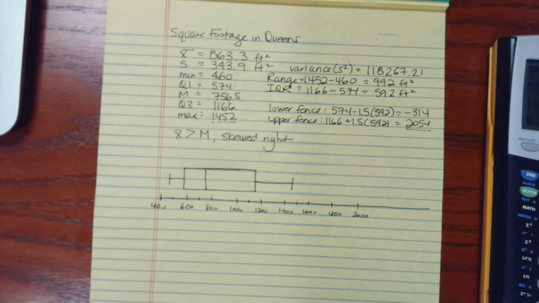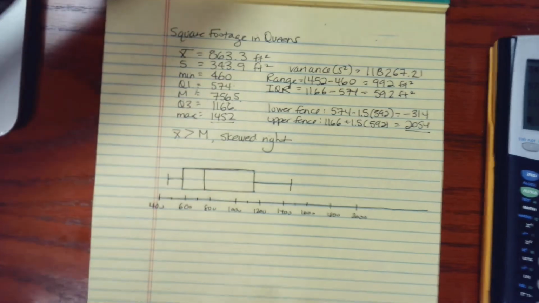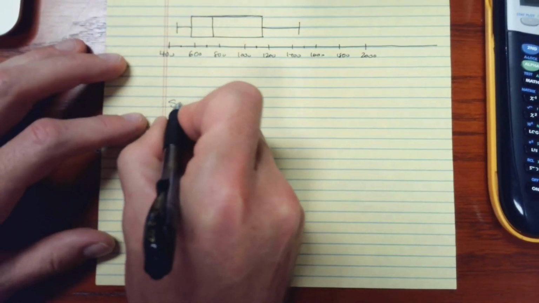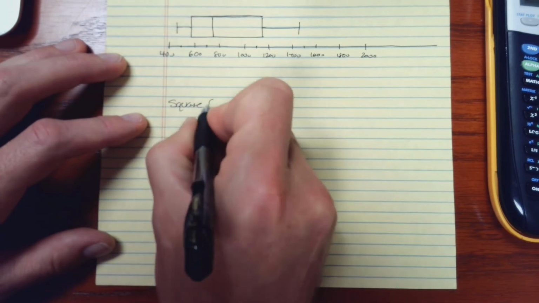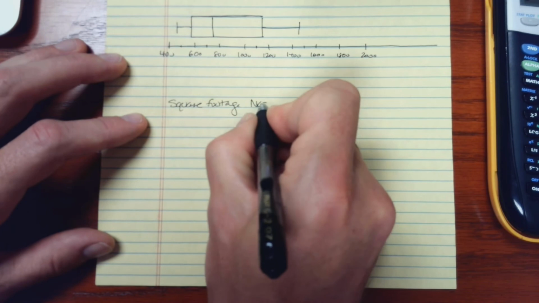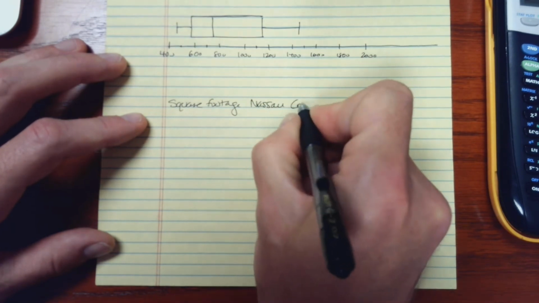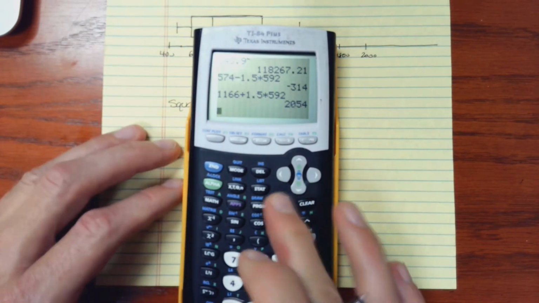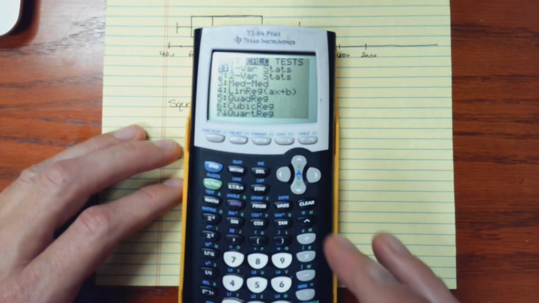So let's look at the information for the square footage for apartments in Nassau County. So I'm going to look for the same information. I'll go back to my calculator and in the stat menu, calculations.